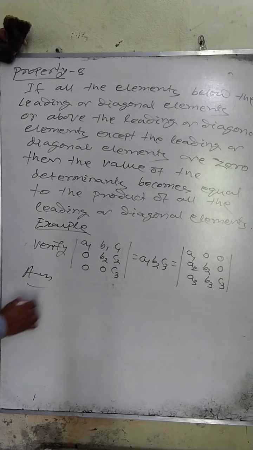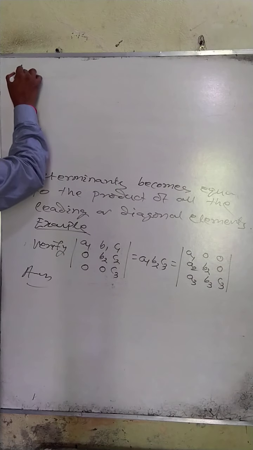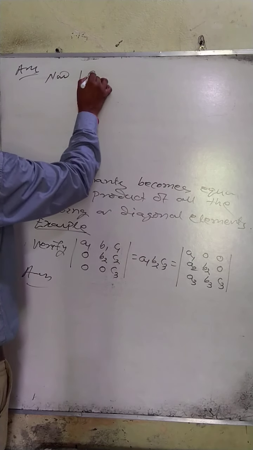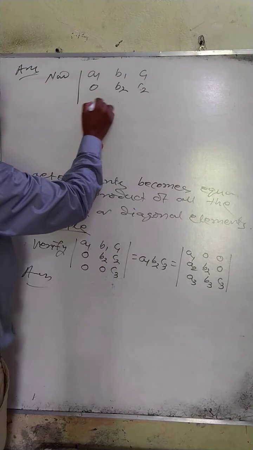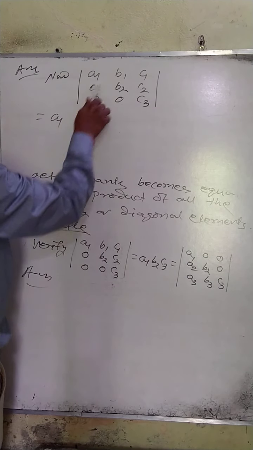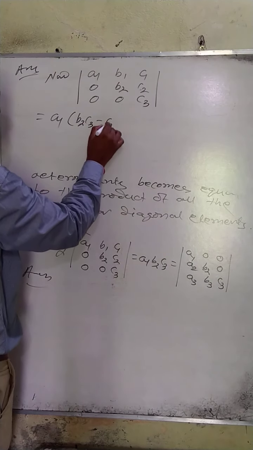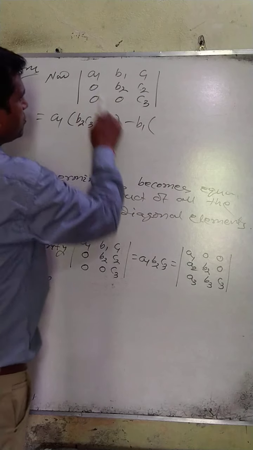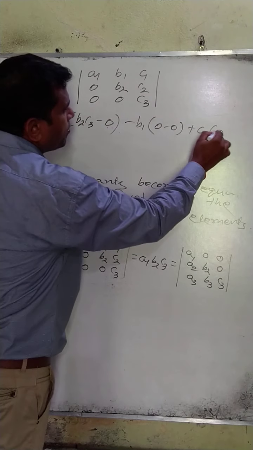Answer. Now the determinant A1 B1 C1, 0 B2 C2, 0 0 C3 equals A1 whole into, if we expand it along the first row, then we have B2 C3 minus C2 into 0, that equals 0, minus B1 whole into 0 minus 0, plus C1 whole into 0 minus 0.